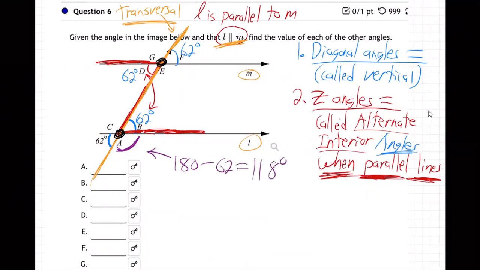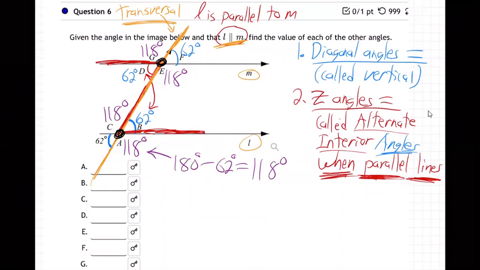I get, what is it, 118? So for mine anyway, it's got to be 118. And then this one's diagonal, so it's got to be 118. Same thing up here. These are 118 because they have to make a straight line with the 62 also. So there we go. We got them all. All those angles are either 118 or 62 for mine, and then whatever for yours.